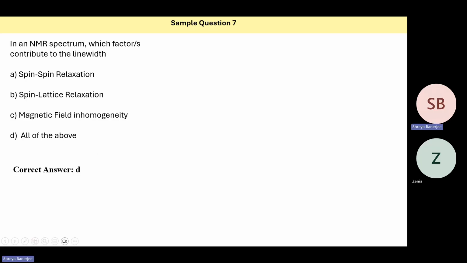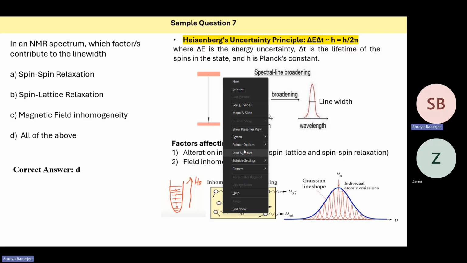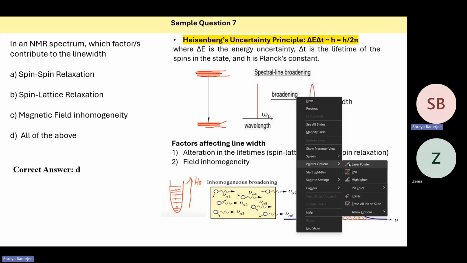So if you remember, there are two main causes of spectral line broadening. One is from Heisenberg's uncertainty principle, where every energy level has a certain uncertainty. So it does not have a single value of energy. It can have multiple closely spaced values of energies, both the upper and lower levels. So instead of a single peak, which would correspond to a single wavelength, you will get a certain range of wavelengths, which results in this spectral line broadening.